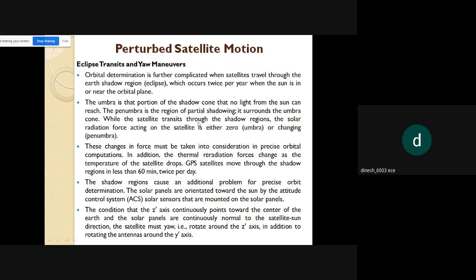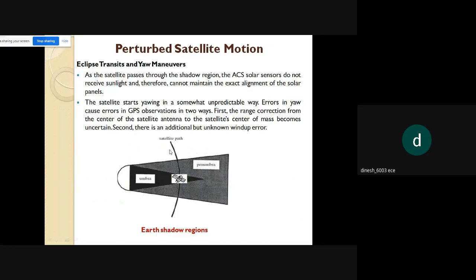So while the satellite transits through the shadow regions, the solar radiation force acting on the satellite will be 0, which we call umbra, or it will be changing, which we call penumbra. Umbra and penumbra. I'll show you that in the diagram. So when the satellite is moving in a path and suddenly an eclipse occurs, the eclipse makes the portion of the satellite covered.